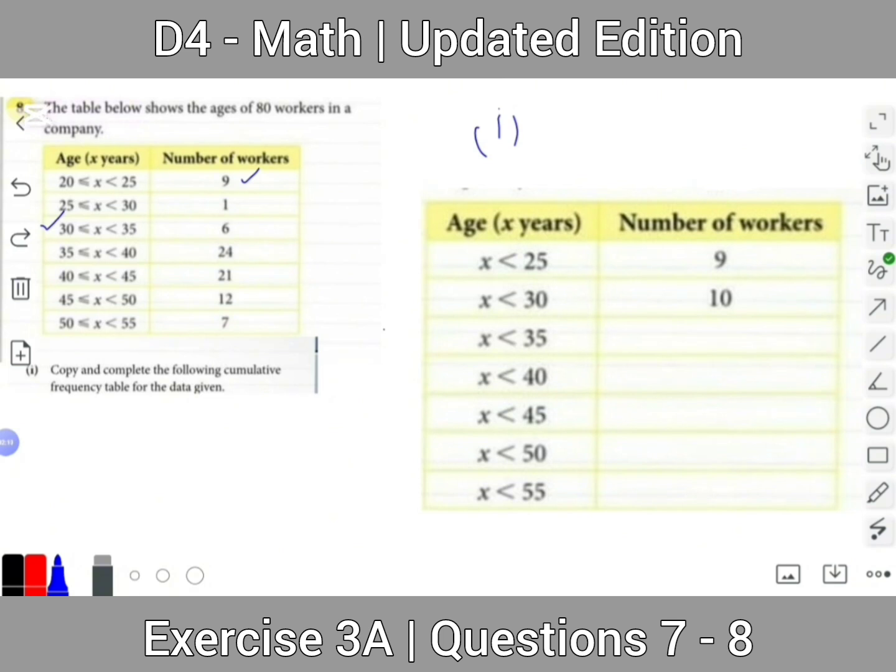So we have to add the new frequency of 6 into the previous total.